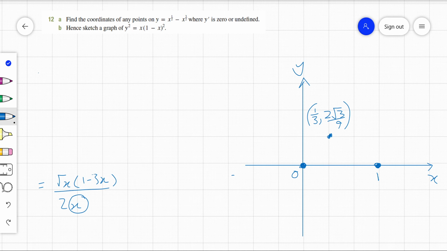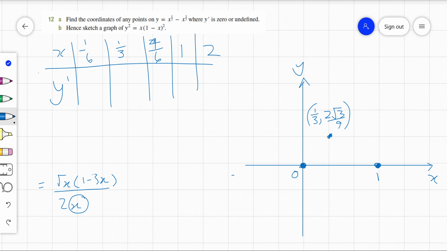So if I have x is 1/3, let's put a little bit to the left of 1/3, 1/6. Let's put a little bit to the right, 4/6. How about that? And then we've got 1, and then let's have a look at 2, something like that, and look at y dash.